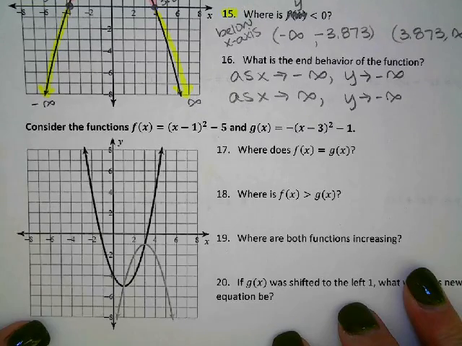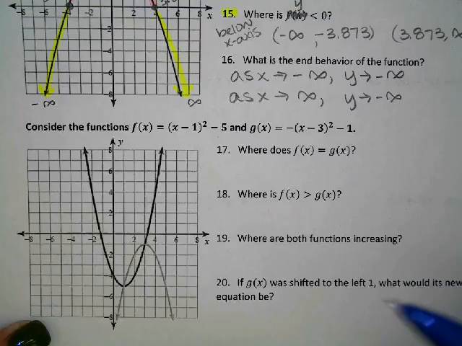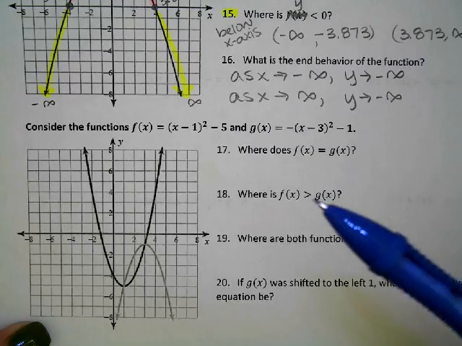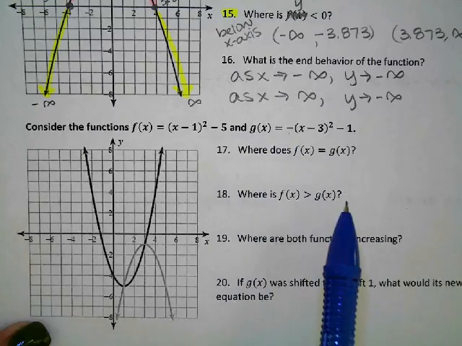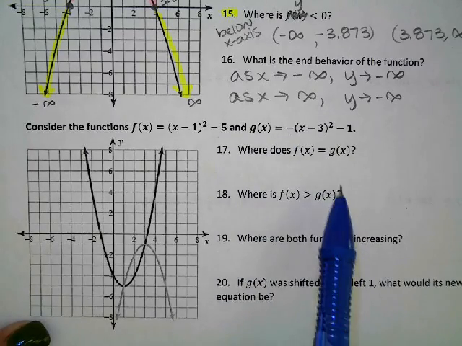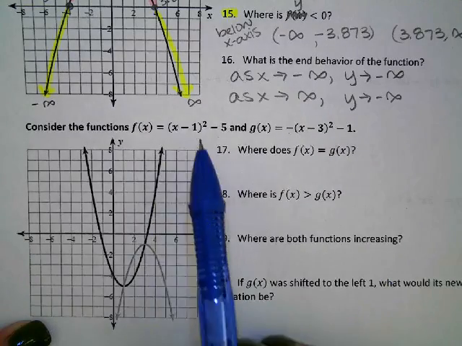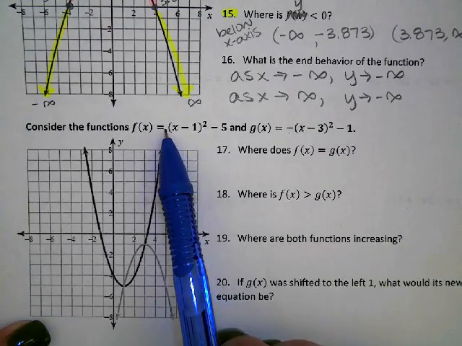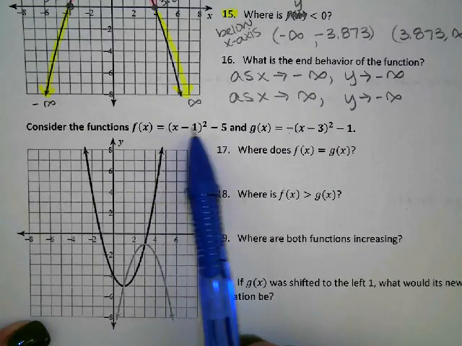Okay, so here we have two functions, f of x and g of x, and we're finding things about them. So f of x is a function that is right side up, because it's positive in the front, it has a vertex at 1, negative 5.